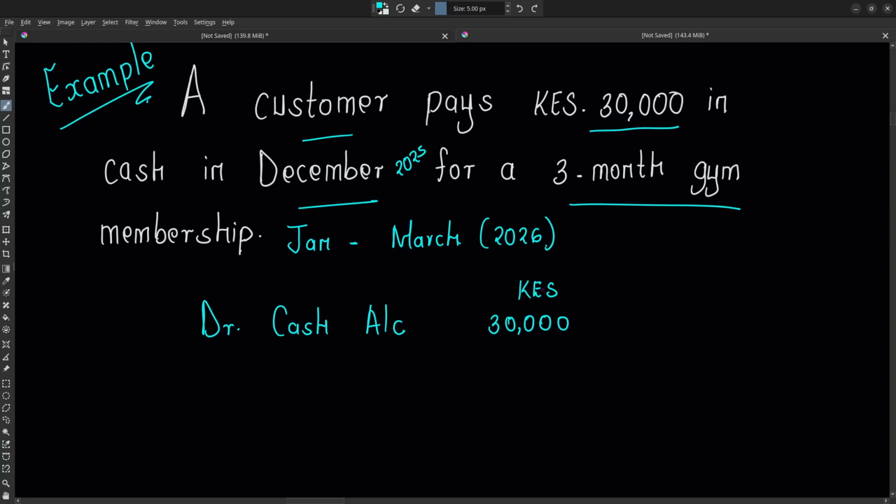So we are yet to earn the revenue, so what we recognize now is what we call the deferred revenue account.